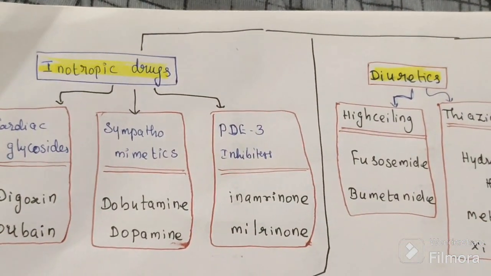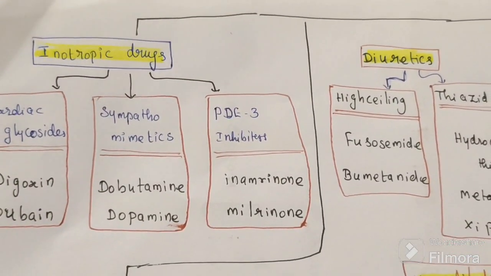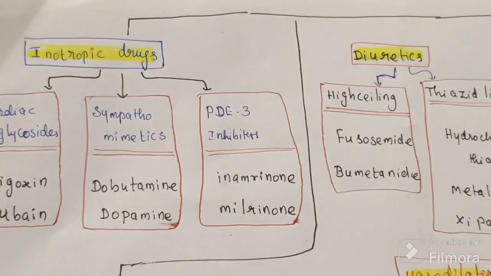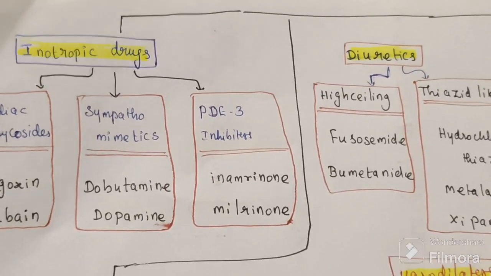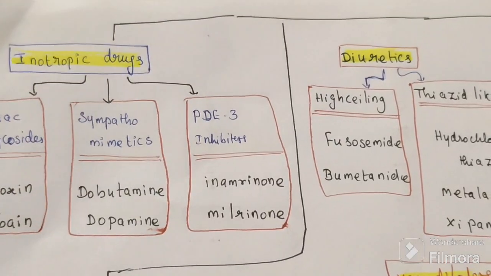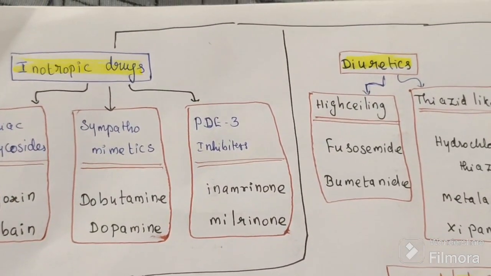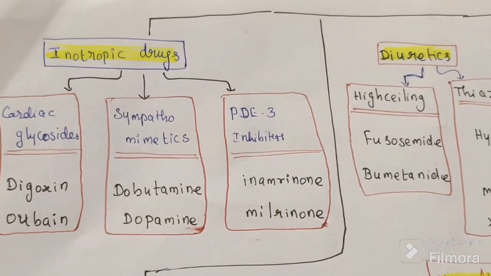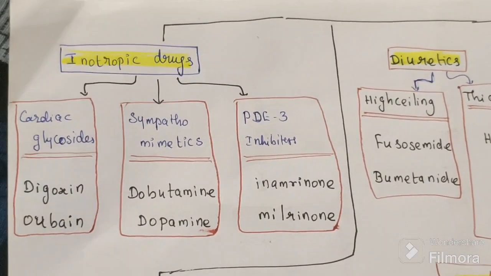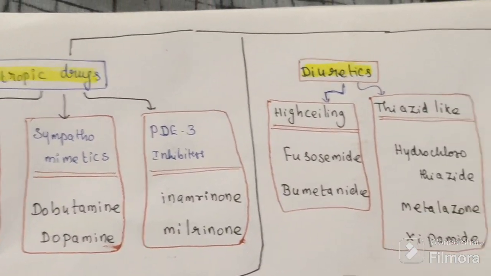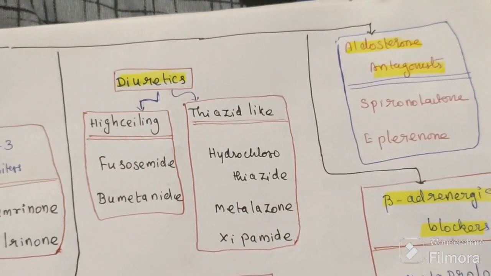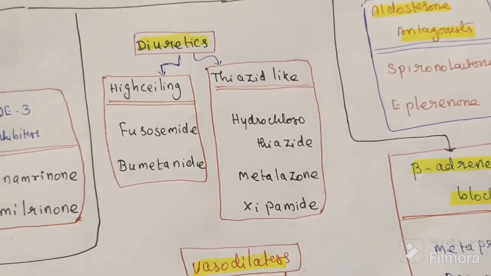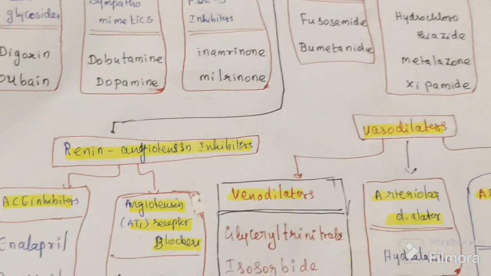So how many drugs do we give to treat heart failure? Now no need to understand the mechanism of action of each and every drug. Inotropic drugs we give to increase contractility. Then we give alpha blockers, so that alpha receptors on the blood vessels are blocked.